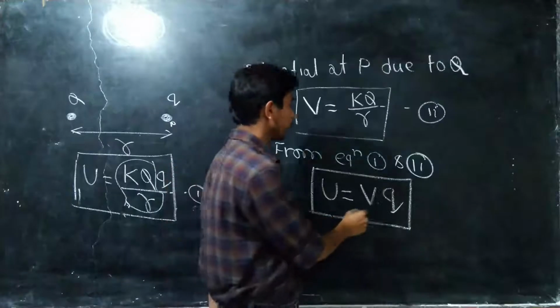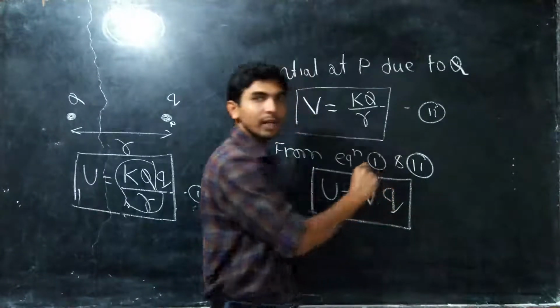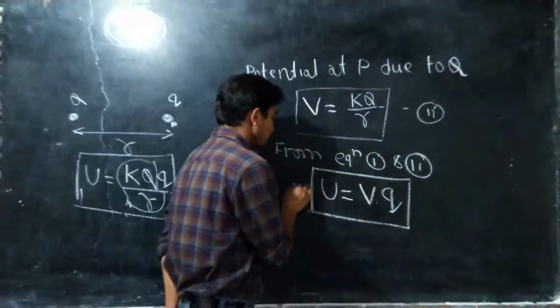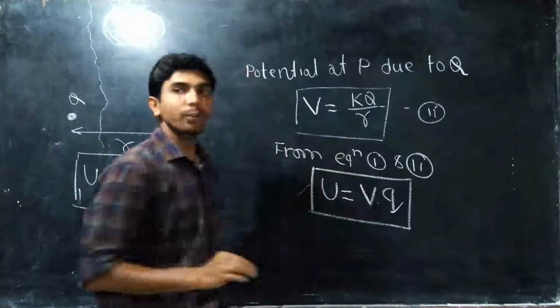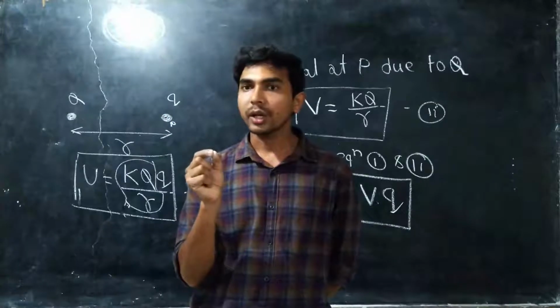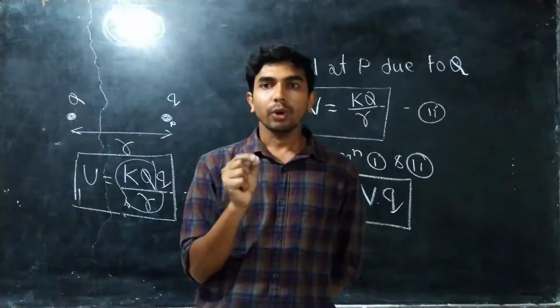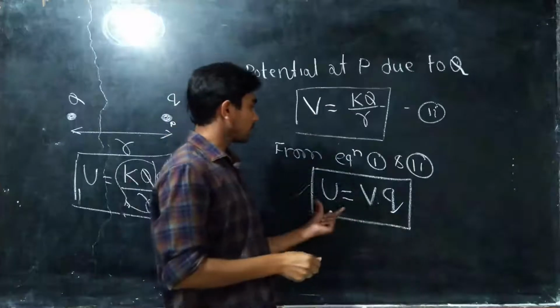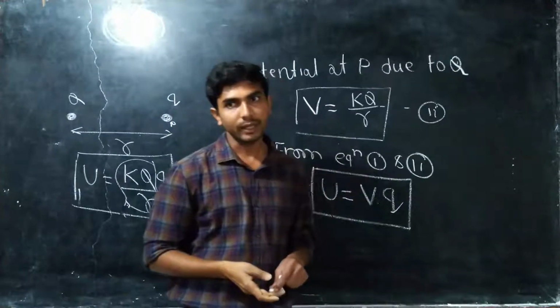That potential energy will be potential into that charge. So this is the formula to calculate the potential energy of a charge at a given point, if the potential of that point is given.